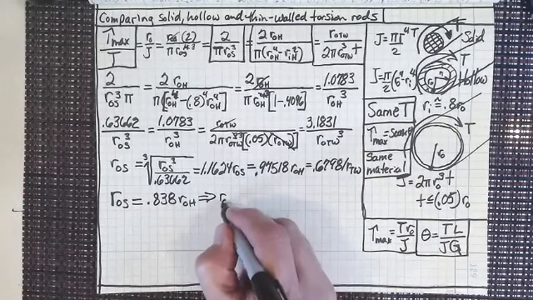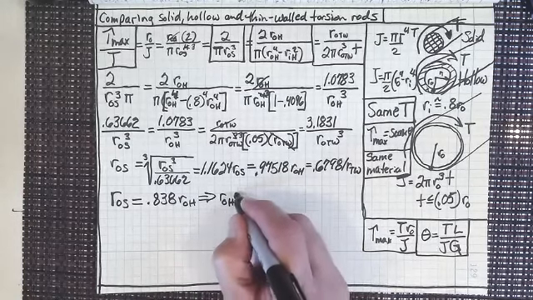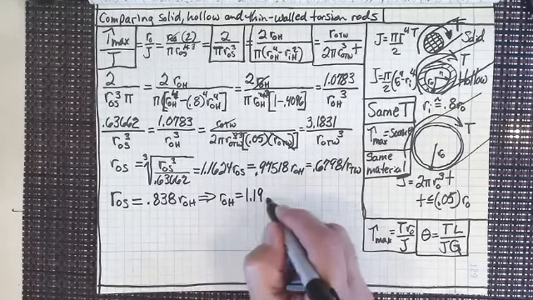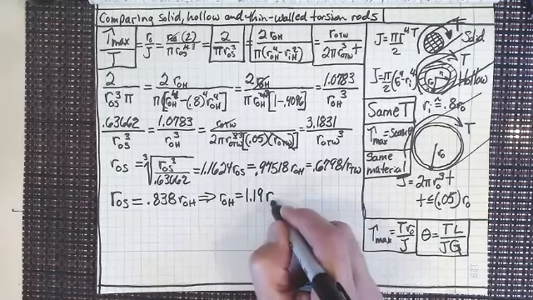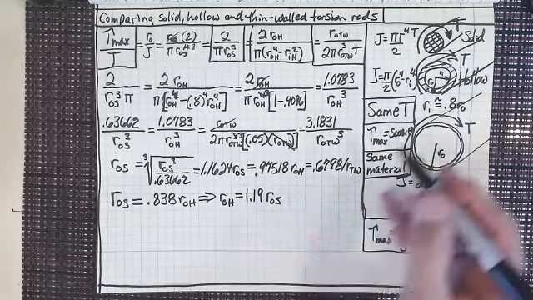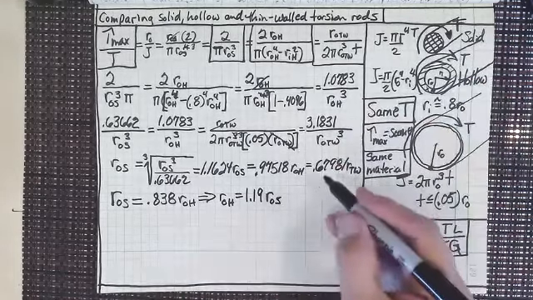So the outside radius of the hollow shaft is going to be 1.19 times the radius of the solid shaft. So about 20% larger, right? And you can see it's about 20% larger.